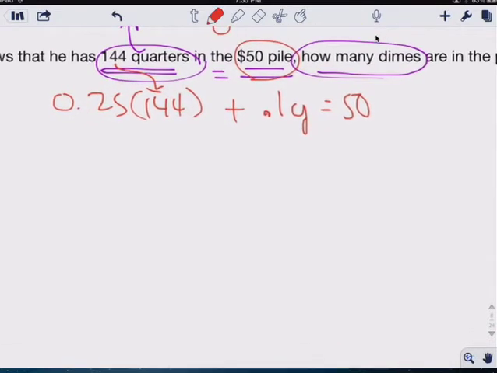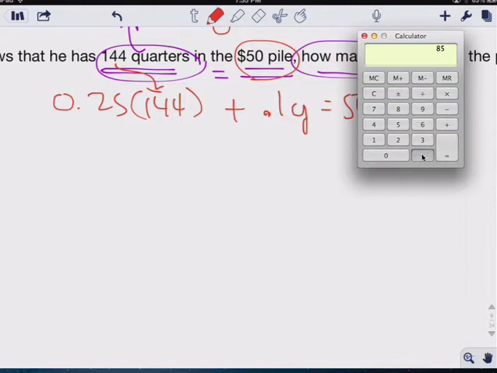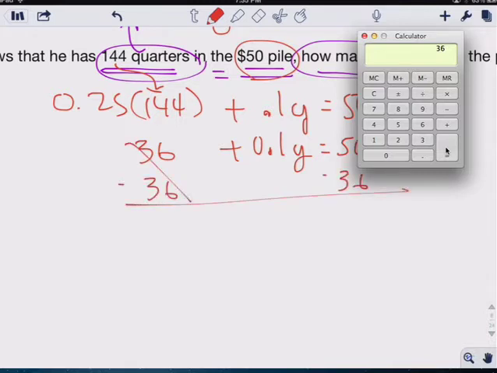Okay, so you solve that equation. 25 cents times 144 equals 36 here, plus 0.1y. If you want to put a 0, you can. $50 minus 36 equals 14, which equals 0.1y.